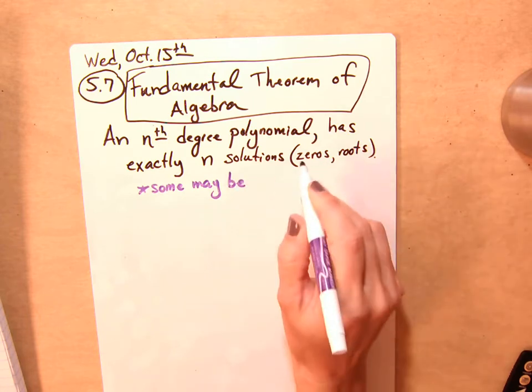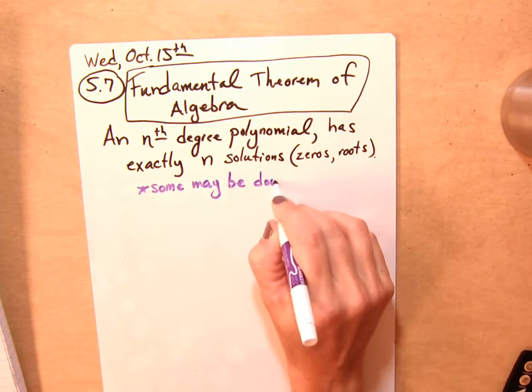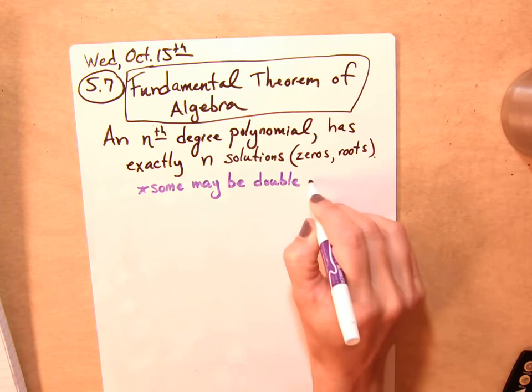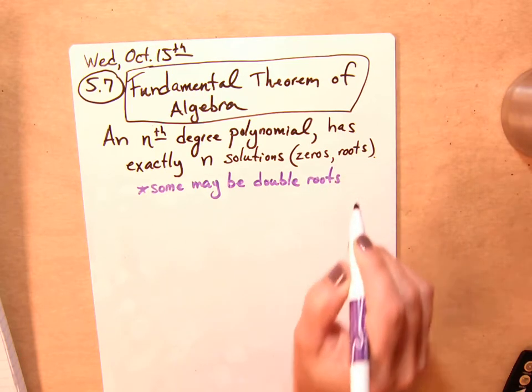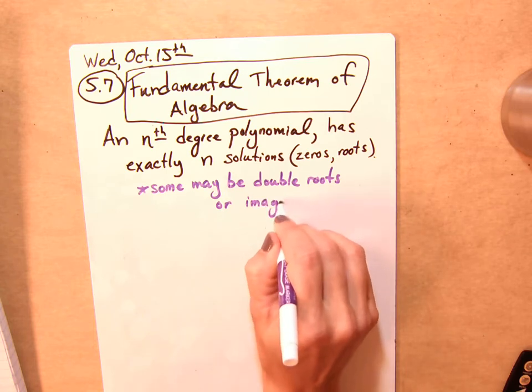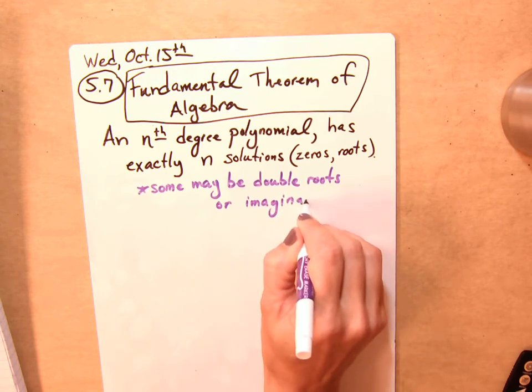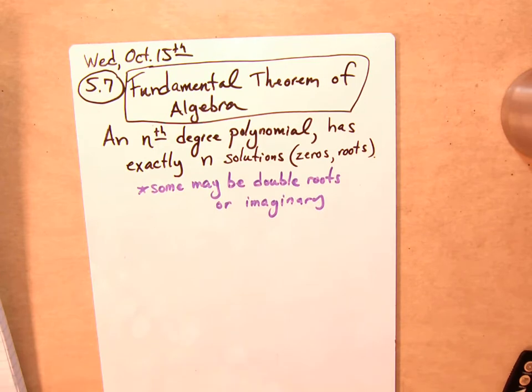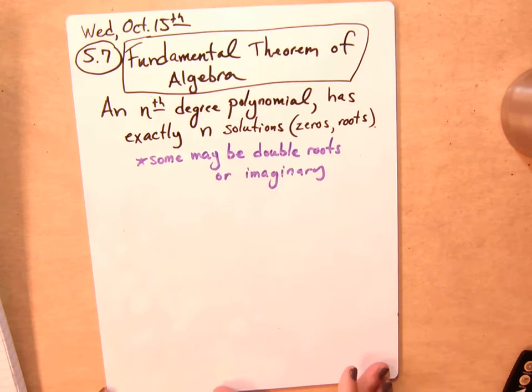But in the end, if it's nth degree, there are exactly n solutions. So then we know what we're looking for.